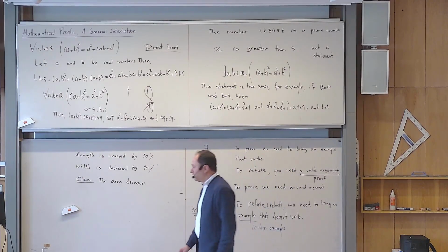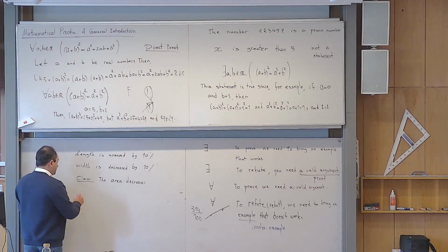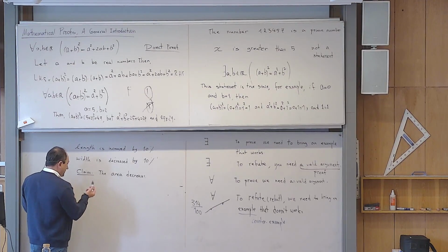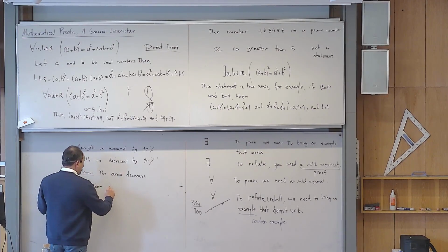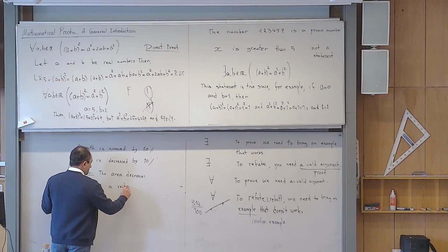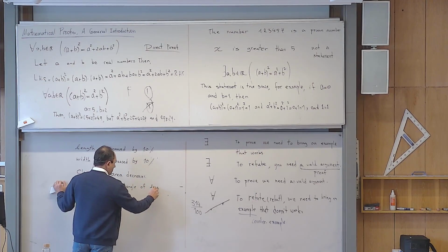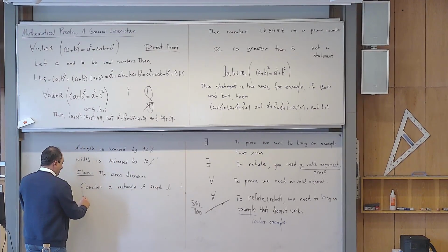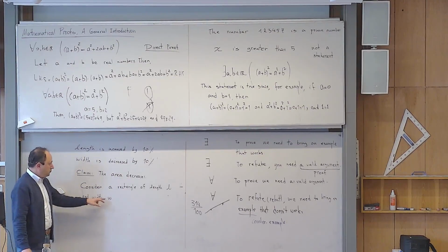But when you want to introduce this, you need to say that, consider, this is the correct way of writing: consider a rectangle of length L and width W. Okay, so this is important, by the way.